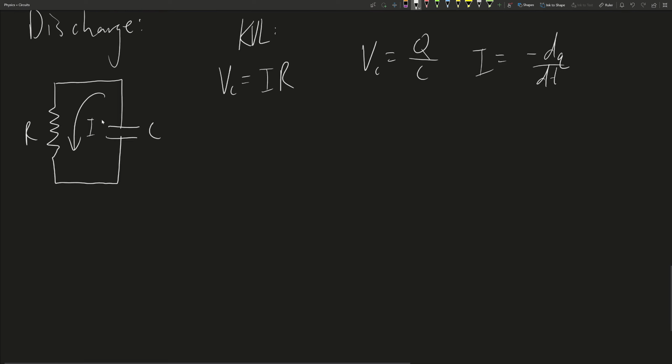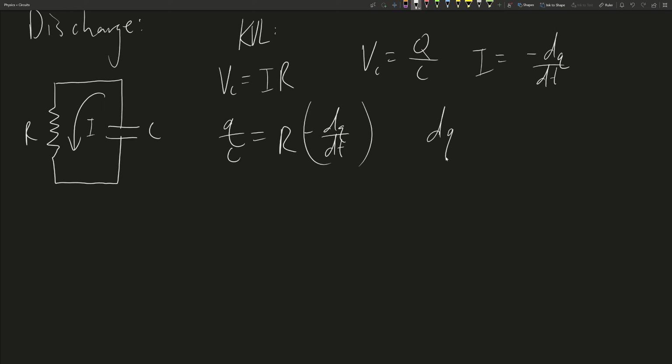So this gives us that q over C is going to be equal to R times negative dq/dt. So we're multiplying here. And now if we rearrange this a bit, we get that dq/dt is equal to negative q over RC.